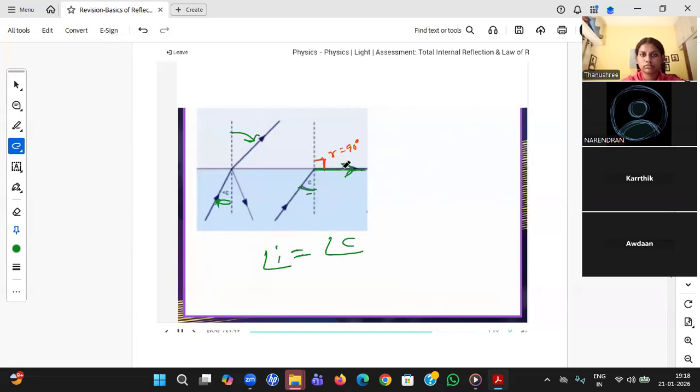Please observe, my normal is here, the refracted ray is here, and the angle is 90 degrees. So what is the critical angle? It is that angle of incidence where the refracted ray grazes the surface between the two media. You can also say the refracted ray is at 90 degrees to the normal in that scenario.